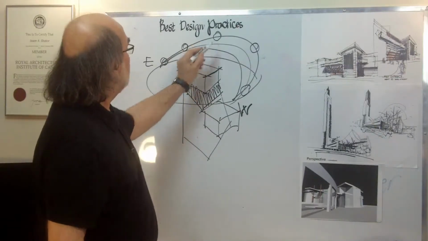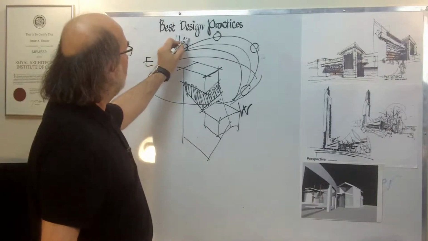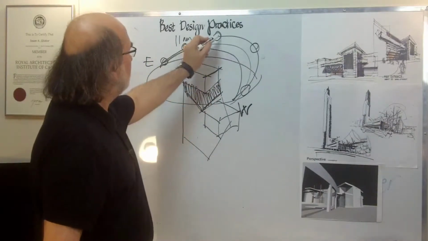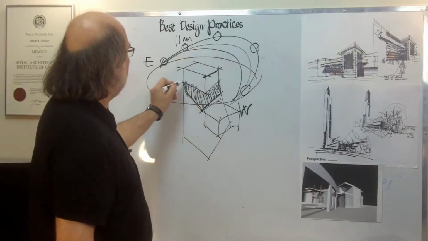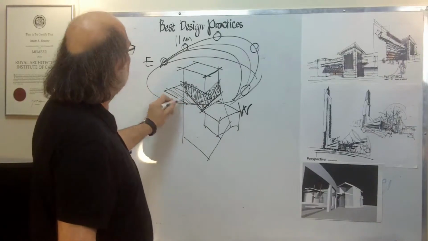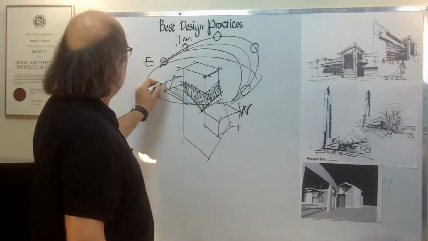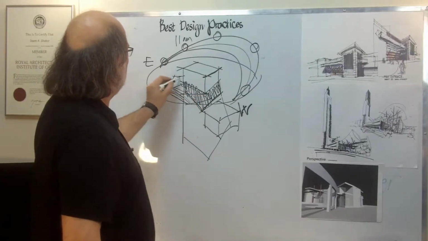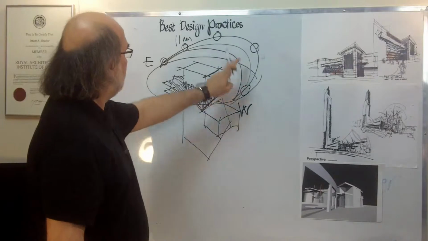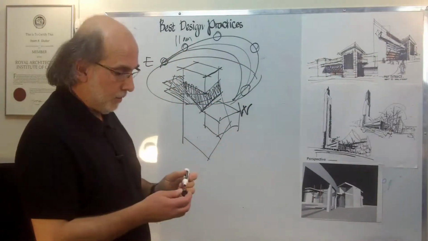So as the sun changes, for example, let's say it's 11 a.m., the shading will come to this limit. At midday probably the shading will change to somewhere here, and so on and so forth. The shading will change around the building according to the sun location.